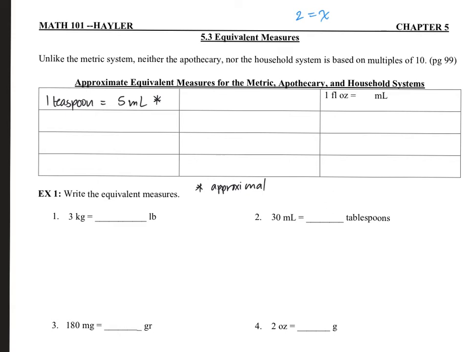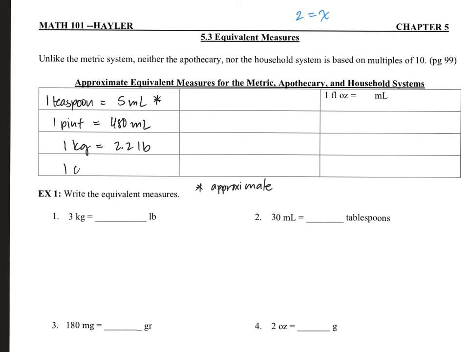They're not exactly equal, but that's the approximation we use. And then we have 1 pint is equal to 480 ml. That does not have that little approximate symbol there. 1 kilogram is equal to 2.2 pounds.